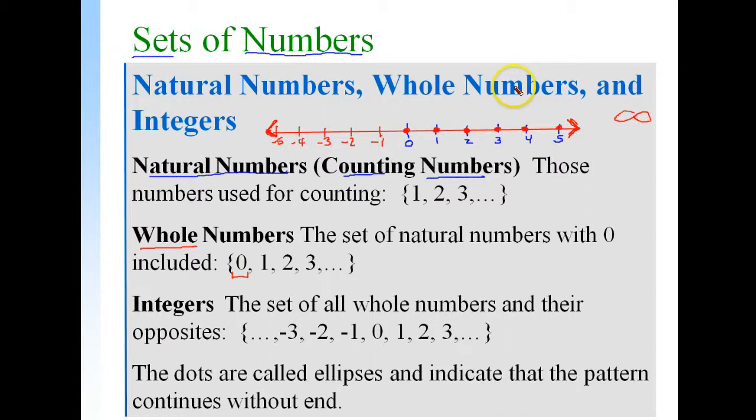Now this is a new set of numbers. These are called the integers. It's the set of whole numbers and their opposites. And you would start at, in this case, -infinity.